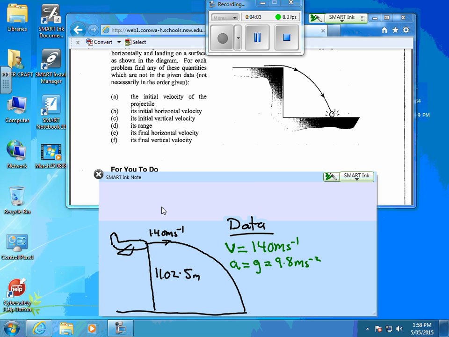And I know that it's going to fall a vertical distance, which I'm going to call delta y, which is the standard way we talk about it, a vertical distance of 1102.5 metres.